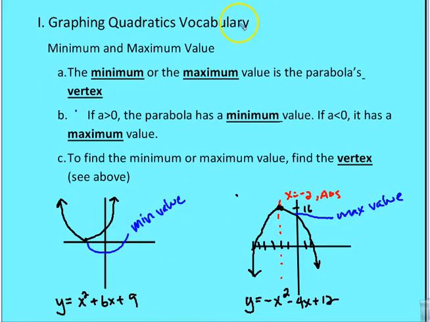All right, so let's talk about minimum and maximum values as they relate to the vertex. The vertex will help us identify the minimum and maximum value. And when we talk about minimum and maximum value, typically we're talking about the value of y for the coordinate of the vertex. In this case on the right, if I have a vertex that's (-2, 16), then my maximum value, the highest value for y for that parabola, is 16.